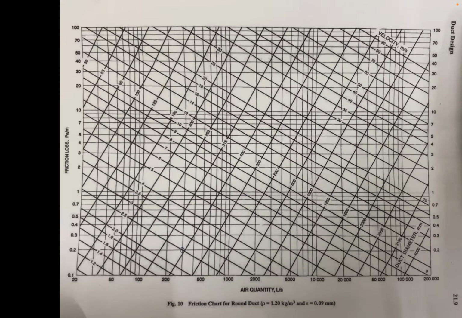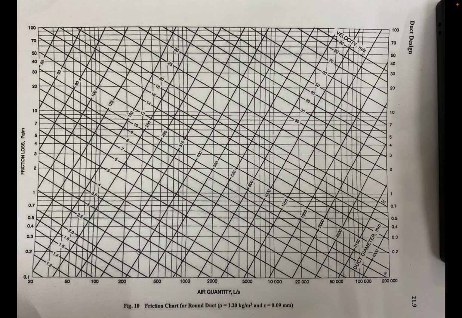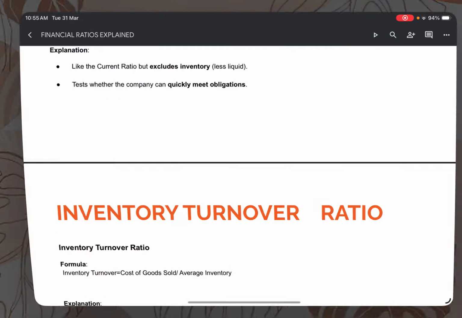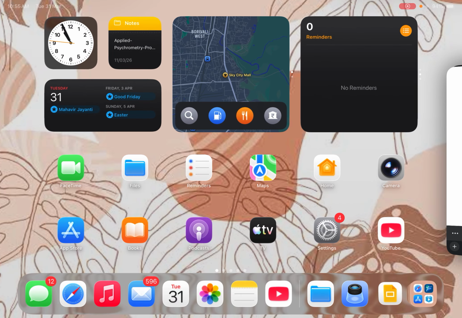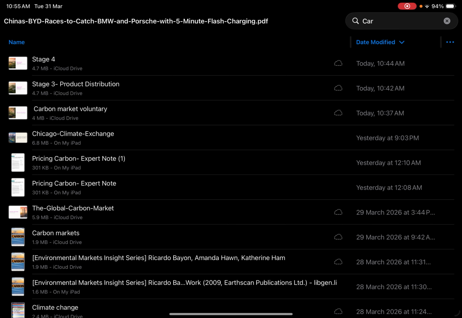So you'll find on the friction chart the friction loss, air quantity, duct diameter, and the velocity lines.